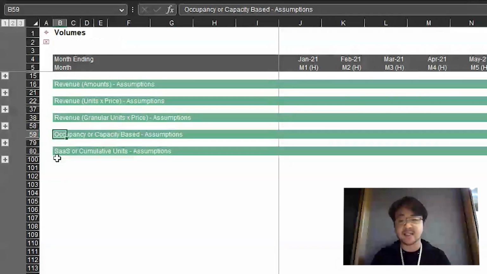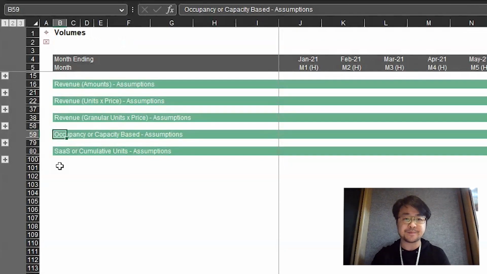Then there's the SaaS or cumulative units type business, where as you bring on a user, the user or member or subscriber will be a revenue generating source down the track. Those are just some examples. There's a lot more out there, with a lot more granularity and linkages that we can look at in another video, but these are the main ones that we'll address in this particular video.